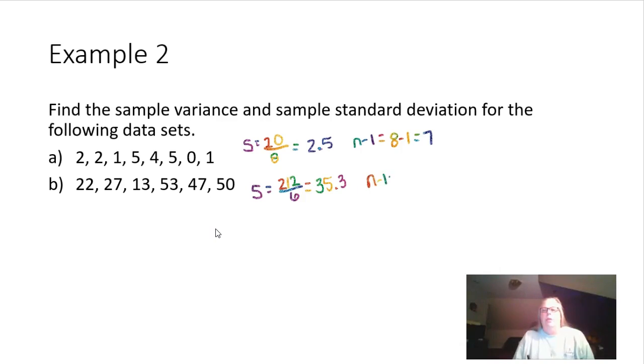Our n-1 is going to be 6 minus 1, which is 5. And I don't know if you caught this, but I need to change my notation here because that is the notation for standard deviation. What I should have here is x bar. That is the mean for our sample. Okay, let's go over to the next slide.